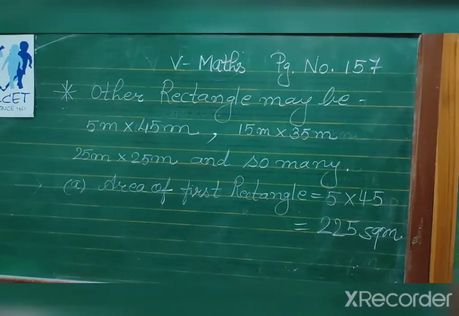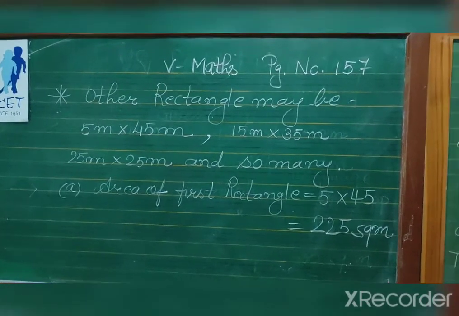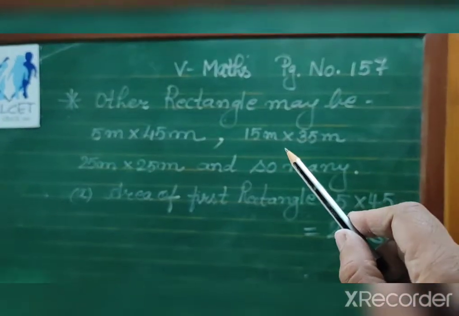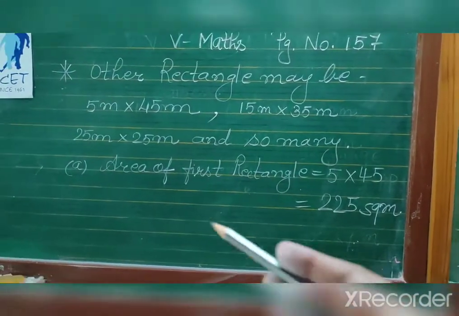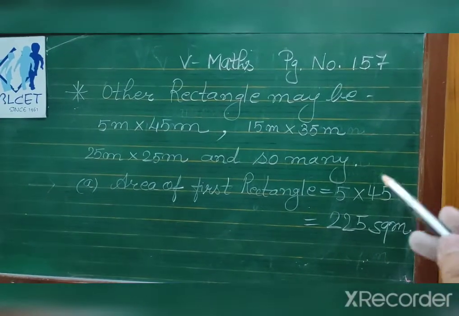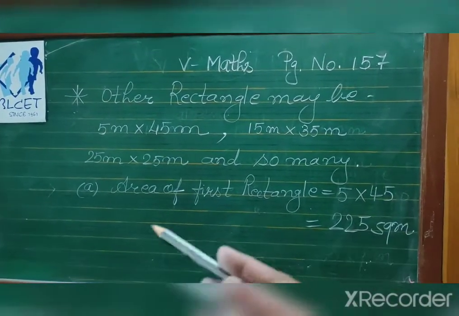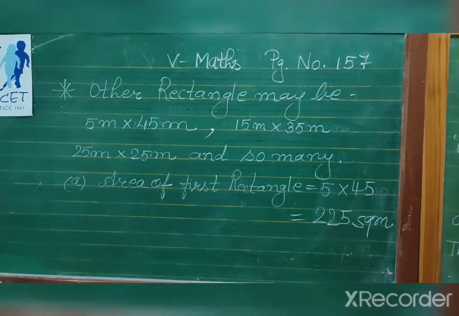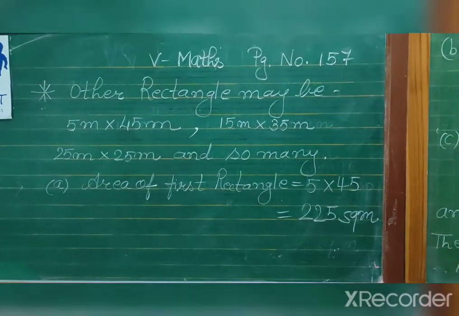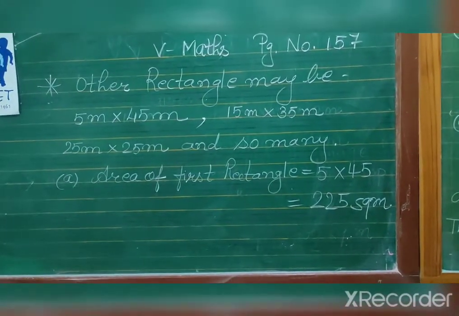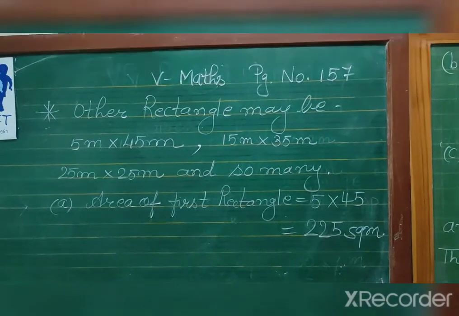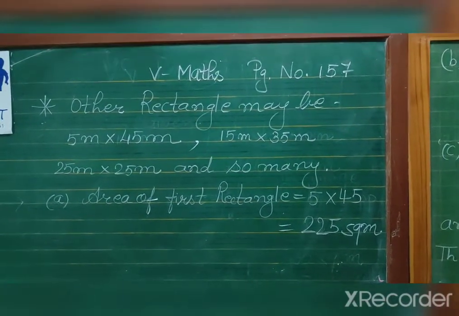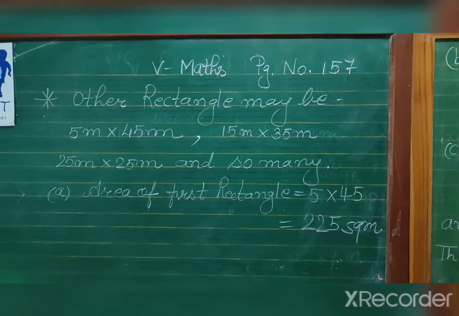Okay, now the second also will be 35 by 15, and the third also 25 by 25, that means the square, all the sides are equal, but a square is also one type of rectangle, and so many we can calculate.